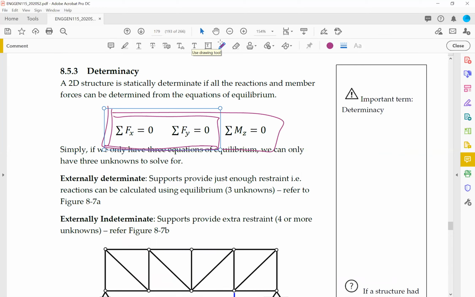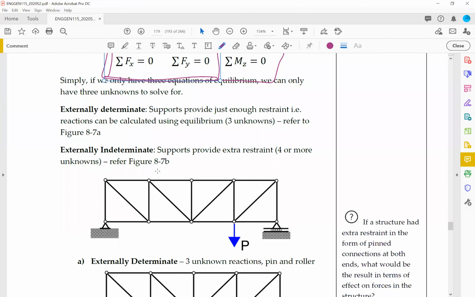So a statically determinate truss is one that you can analyze, so you can do method of joints and find the demands on each member only by using those two equations.